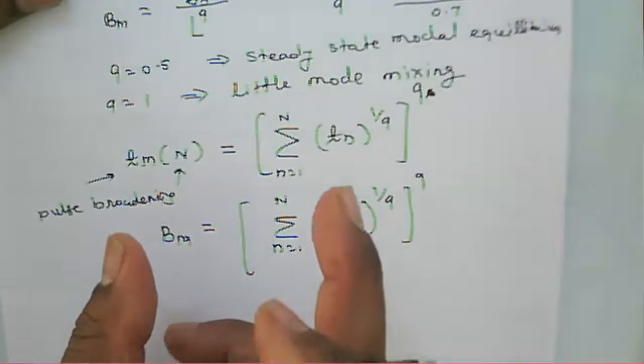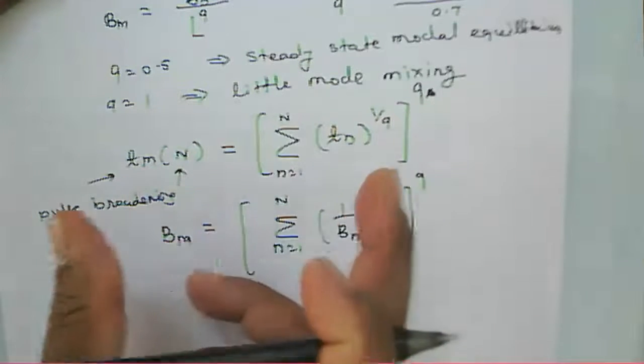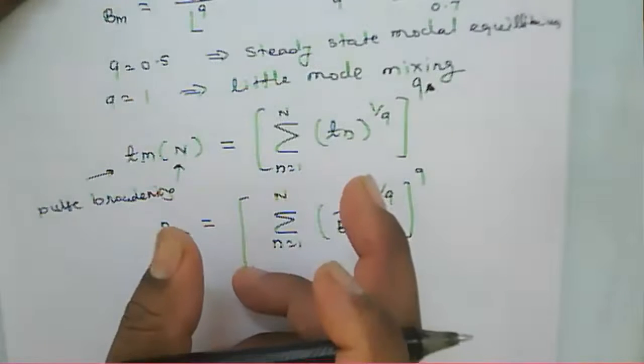So we obtain what will be the pulse width and what will be the pulse broadening for this particular dispersion.